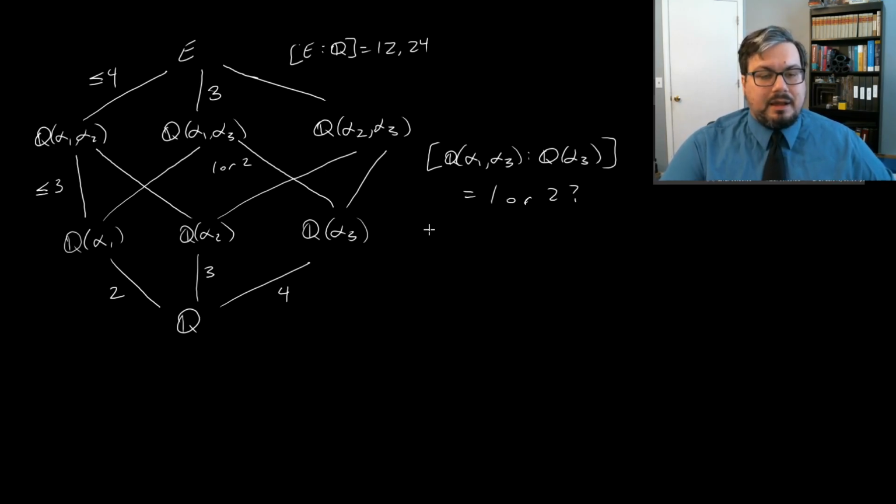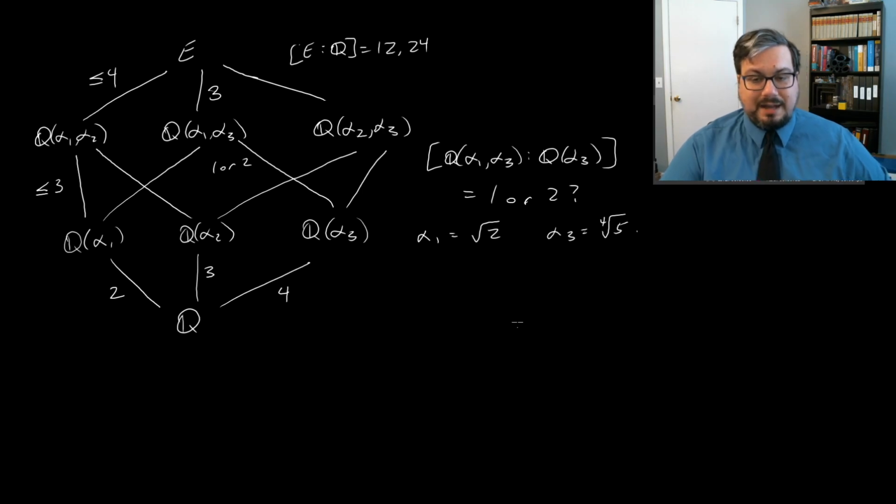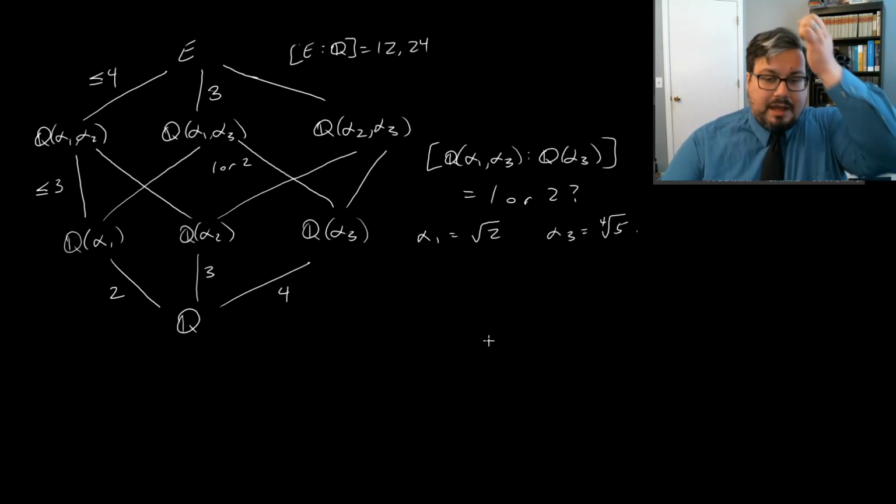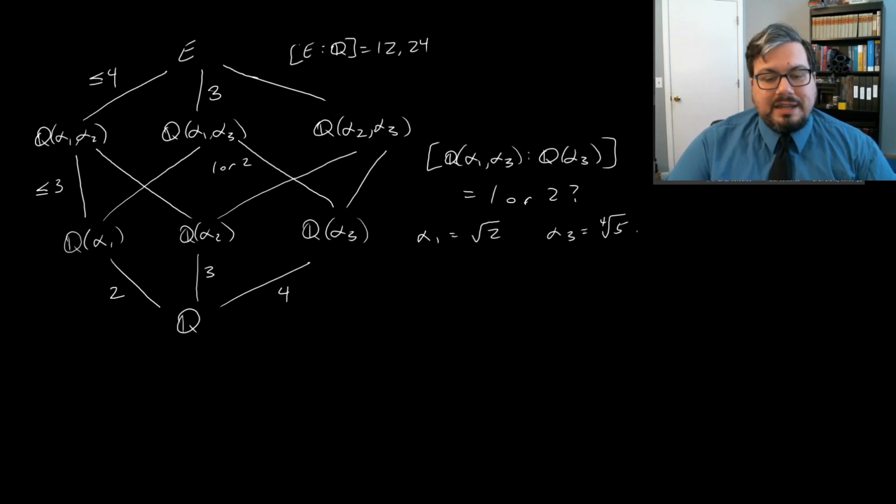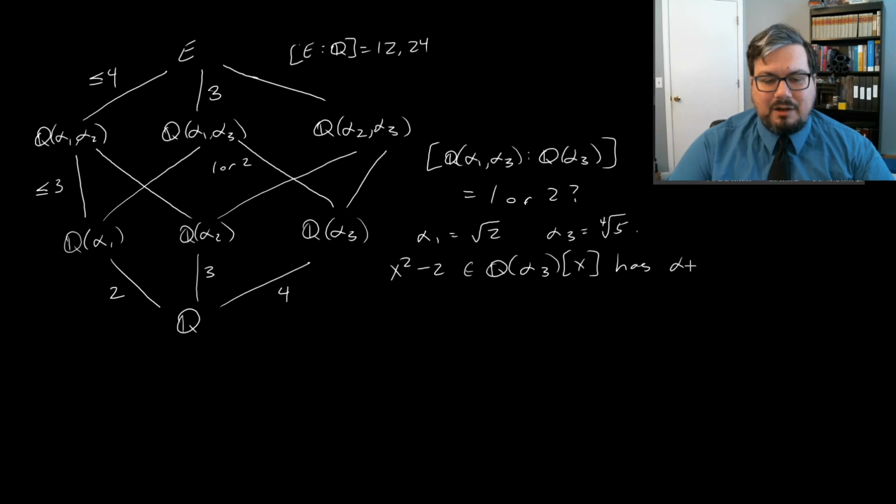Now, remember that alpha 1 is equal to the square root of 2. Alpha 3 is equal to the fourth root of 5. And so we know that x squared minus 2, inside the polynomial ring Q(alpha 3)[x], has alpha 1 as a root.